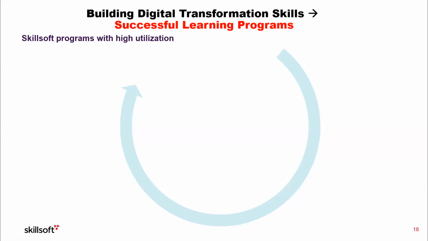This is how we use some of our big data from our customers. One of the things that we focus on is what are those programs that have high utilization? In other words, where customers have built a learning program and the vast majority of their staff use that learning program.